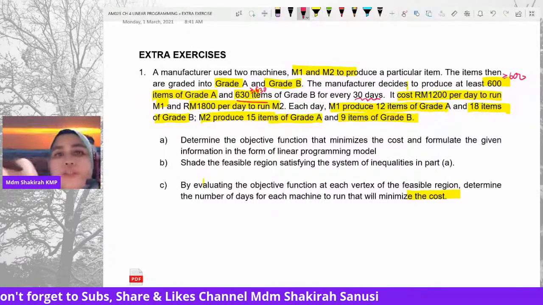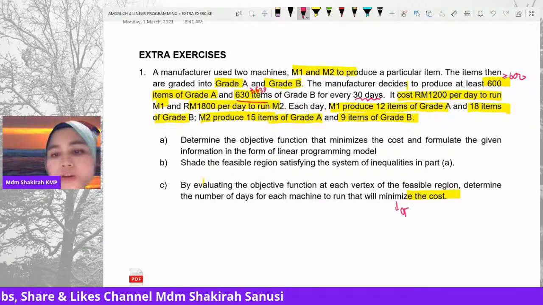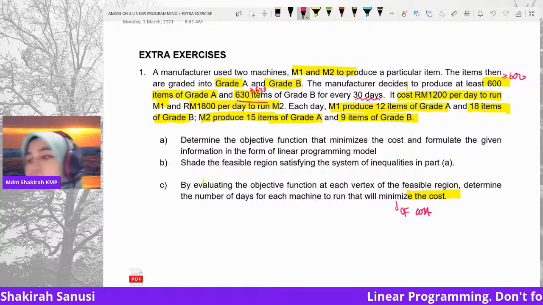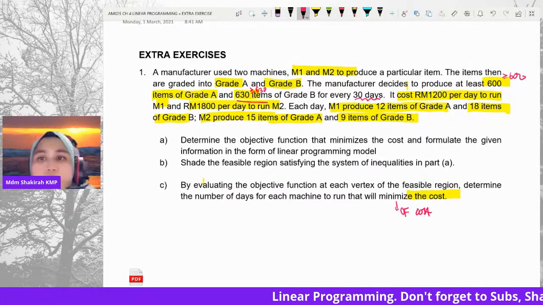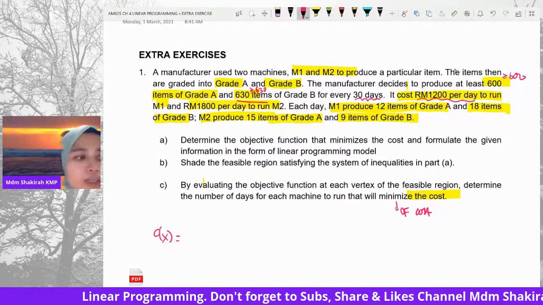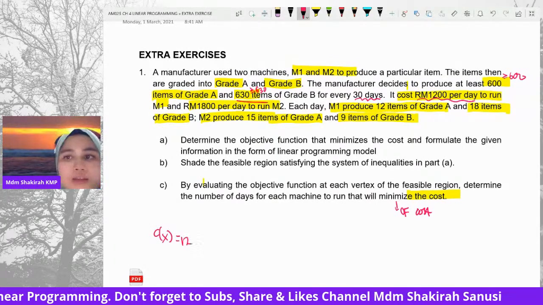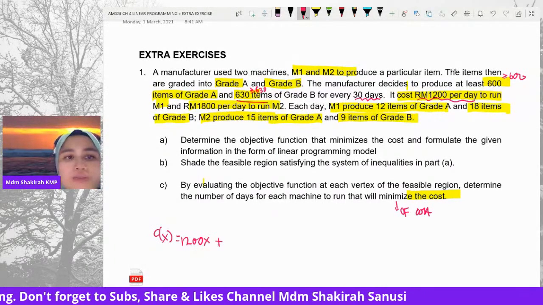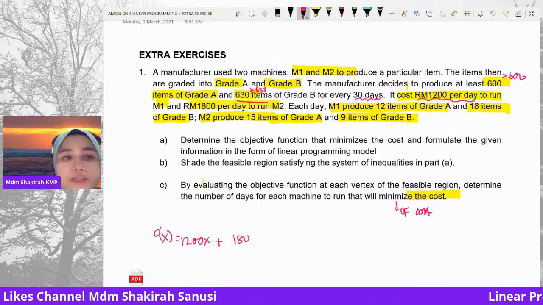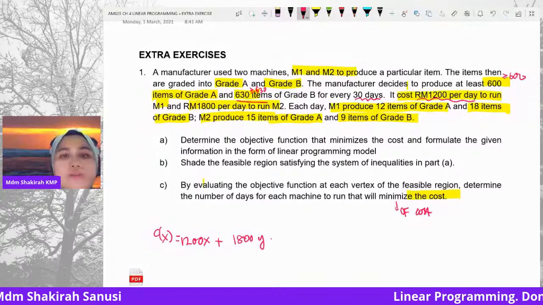This is you punya objective function adalah kita punya cost. Alright. So, where is our cost? This one. So, kita punya cost adalah C equal to 1,200 X and 1,800 Y. Okay.